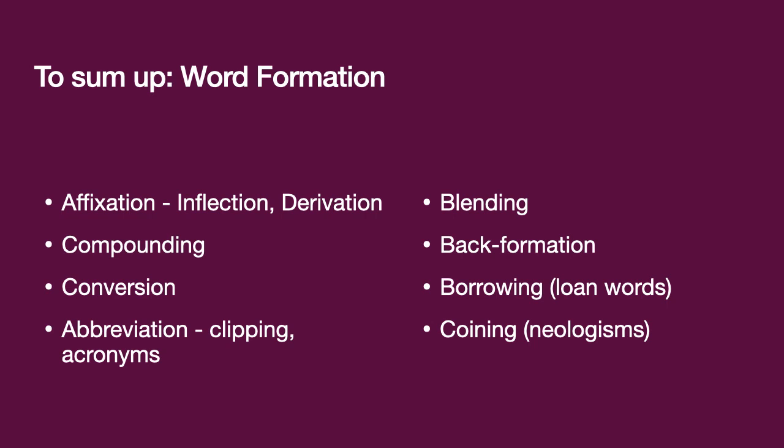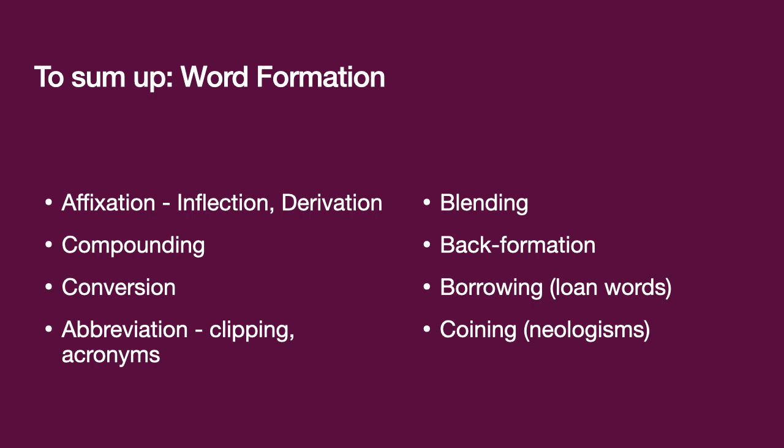Then in conversion, you don't add any affixes, you don't make any change in the form of the word, but instead the word which was initially used as one part of speech is converted in its usage to a different part of speech. There is abbreviation, which basically means shortening the word, and there are different types of abbreviations like clipping, acronyms, etc.